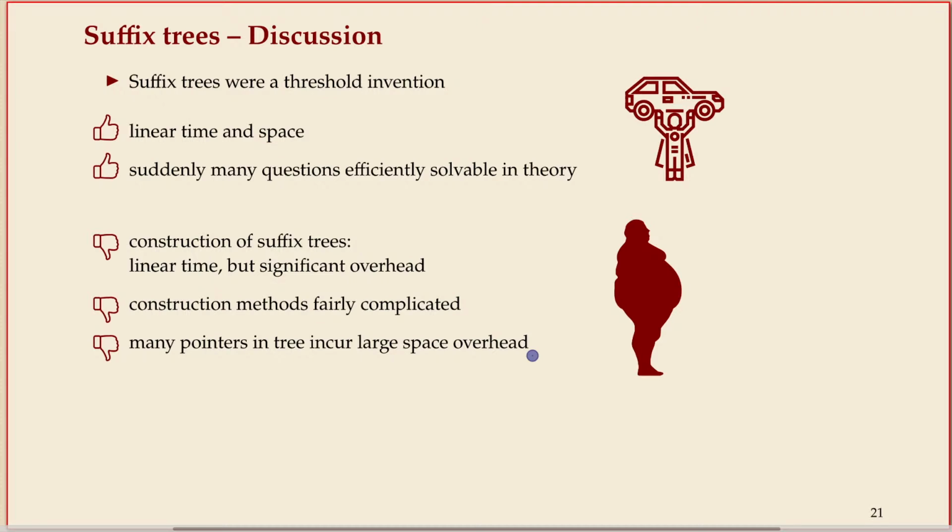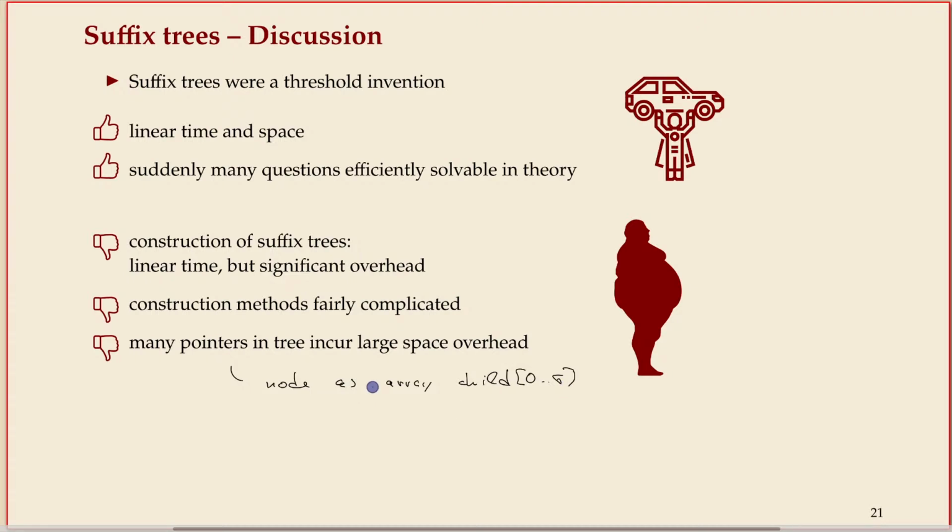You can represent a node with an array of child pointers. Then every node needs space sigma. If sigma is constant, that's linear space, but still it's a factor of a dozen or 100 overhead.